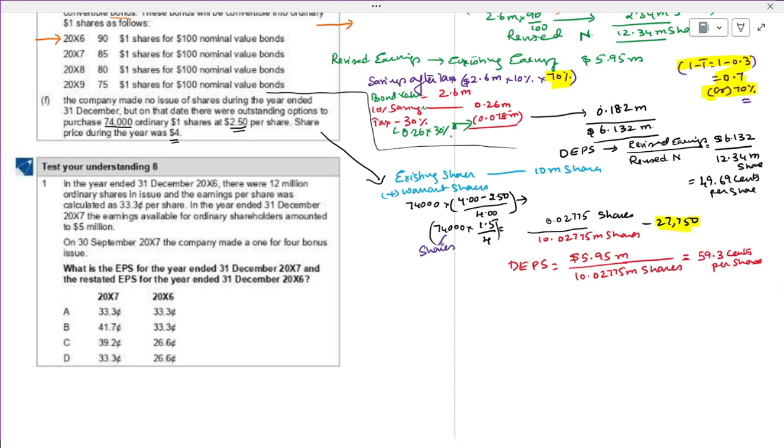Now, 1.5 divided by 4, how many shares will you get? 0.375. 74,000 times 1.5 divided by 4 gives 27,750. Convert into millions.